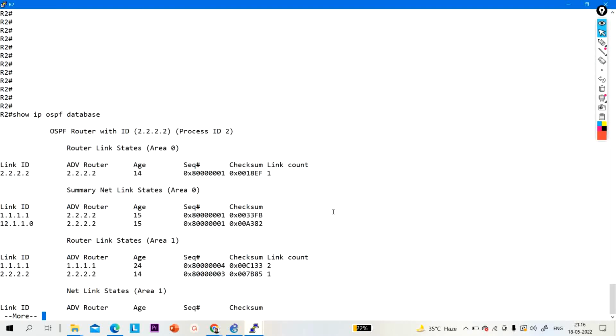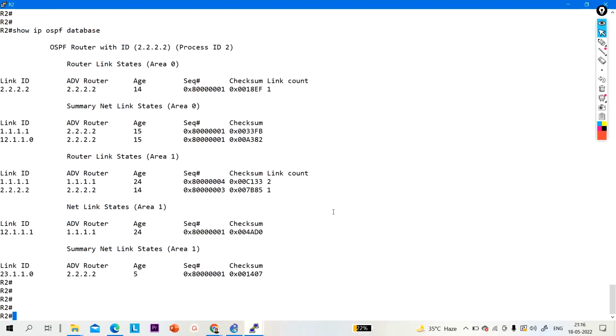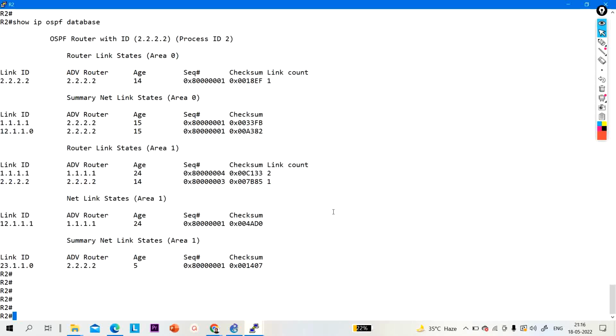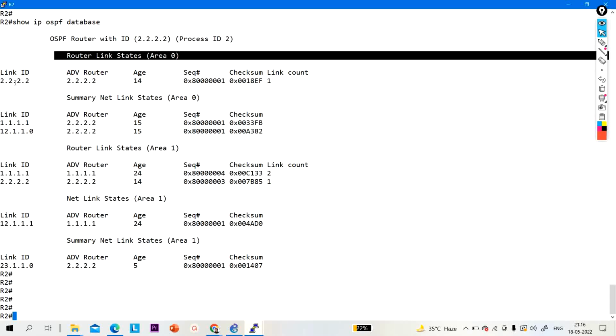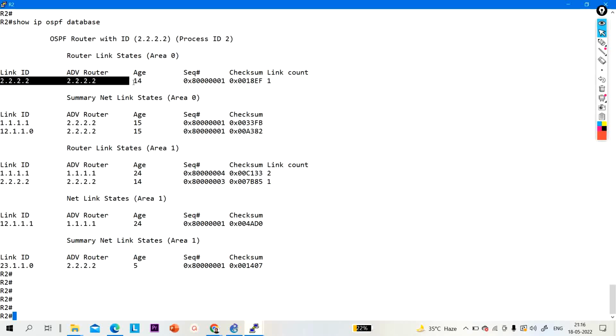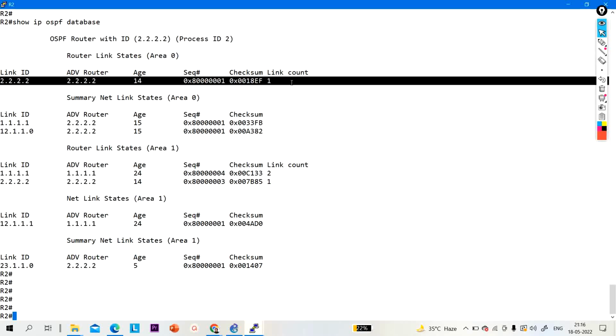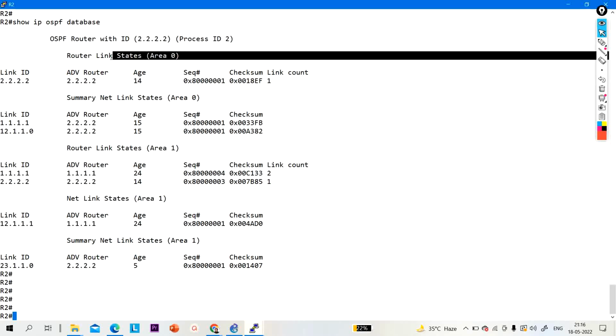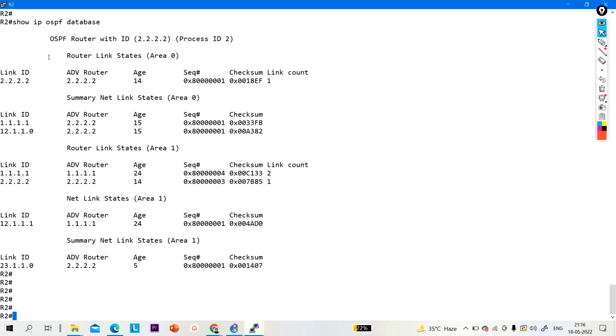Now guys, you can see the database of R2. There are a lot of LSAs. This one is a router LSA. This is the router LSA of 2.2.2.2. In which area? In area 0. Am I right?